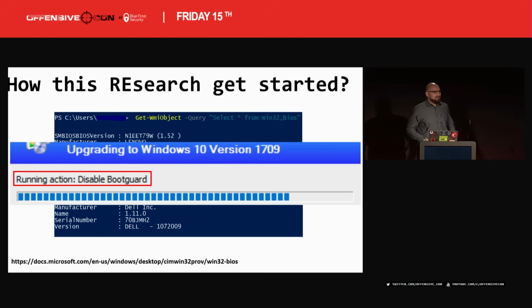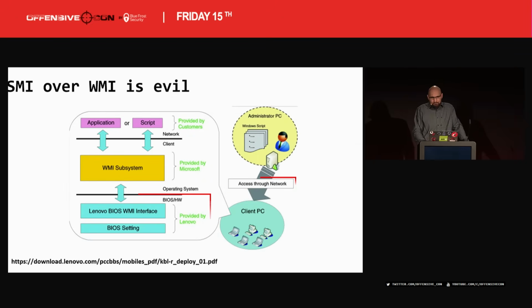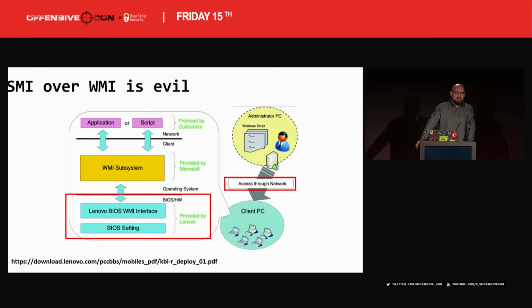But how come? How can you disable Boot Guard, which has a root of trust in the hardware, from the operating system level, even with administrative privileges? It concerned me, and I Googled more about enterprise features of Lenovo laptops, and wow, they have a Windows Management Interface which communicates straight to the firmware and is accessible from the operating system level.